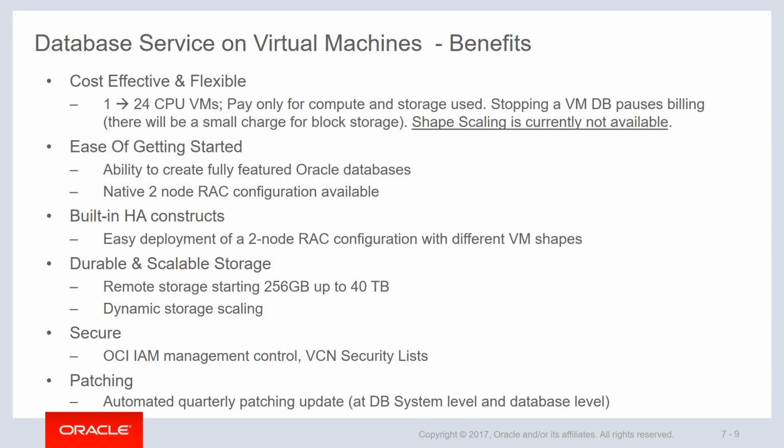Some additional benefits of the database cloud service. Again, it's cost-effective and it's flexible. So for non-production workloads, we can select from anywhere between 1 and 24 OCPUs, helping reduce cost and helping to right-size the particular database for the workload. It's incredibly easy to get started.